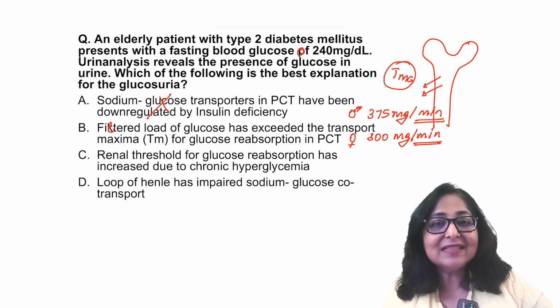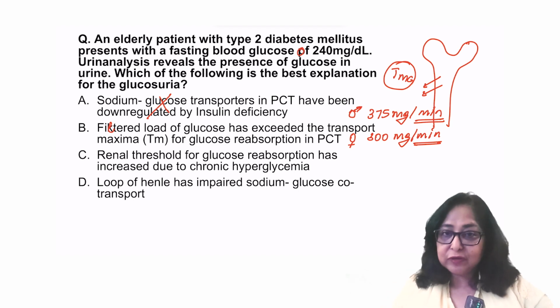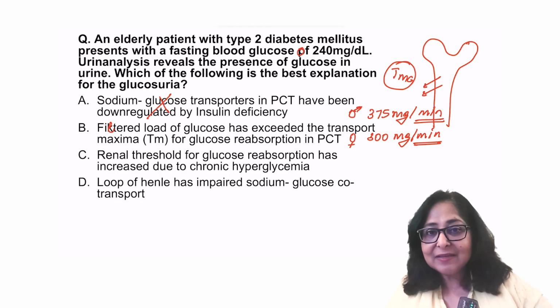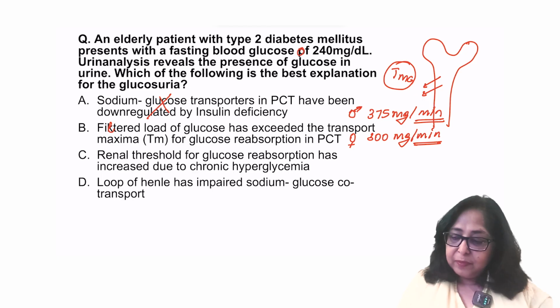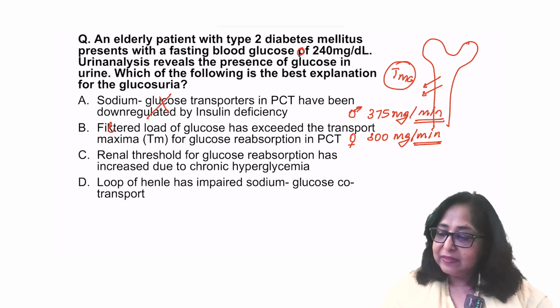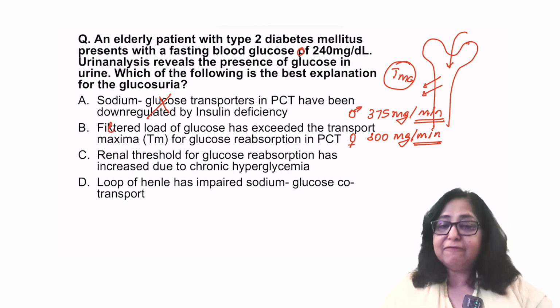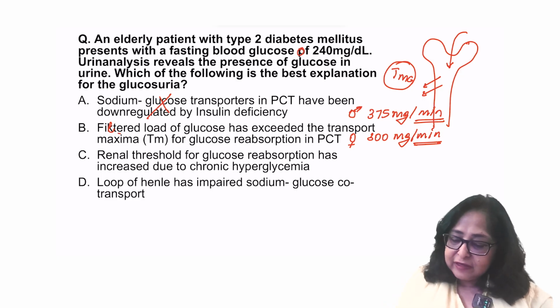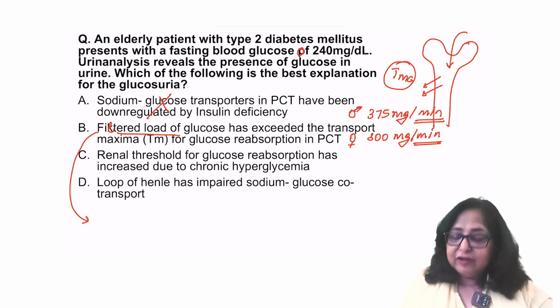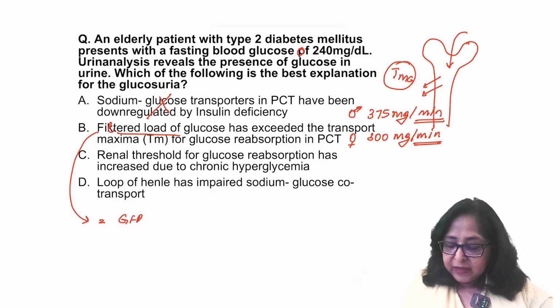Transport maximum rate of absorption of glucose. And why is it a maximum rate? Because the protein tends to get saturated. So in diabetes, when there is increased filtered load of glucose, how do you calculate the filtered load of any substance? Filtered load is GFR times the plasma glucose.